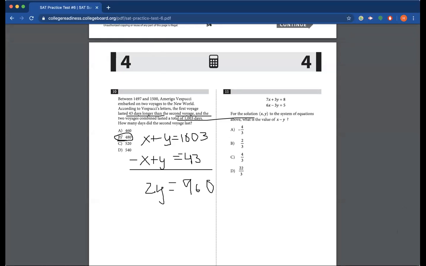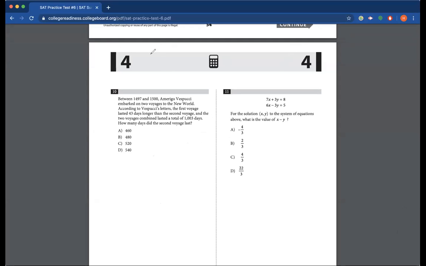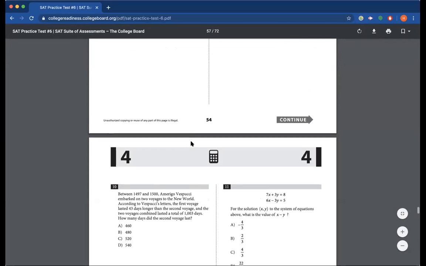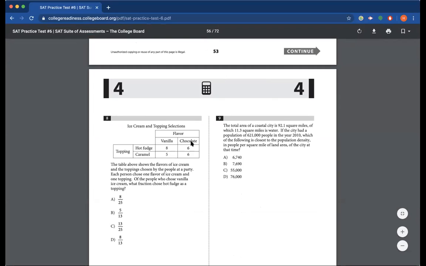Okay, so yeah, we had our checkpoint again. Any questions from 1 through 10? 9, okay. Any other questions? I'm still confused with number 10.